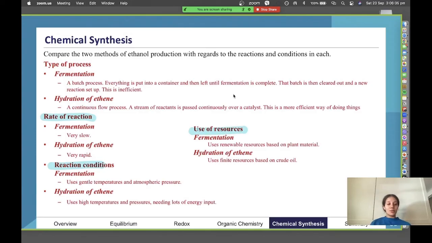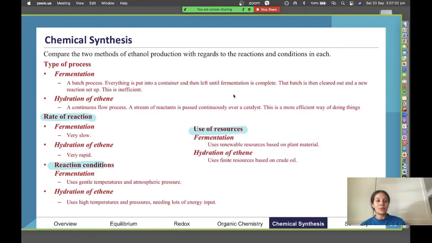Hydration of ethene uses high temperature and pressure and needs lots of energy input. For the use of resources, fermentation uses renewable resources based on plant material. The issue with hydration of ethene, even though it's a lot more efficient, is that it uses finite resources based on crude oil. And for the similarity, they both produce ethanol. That's the main similarity between the two.